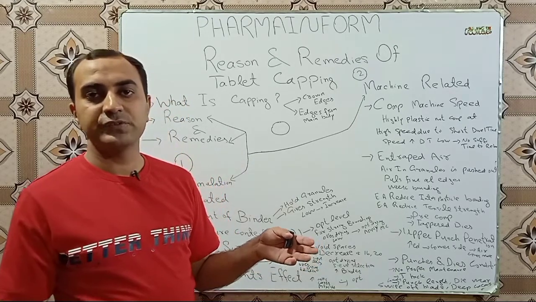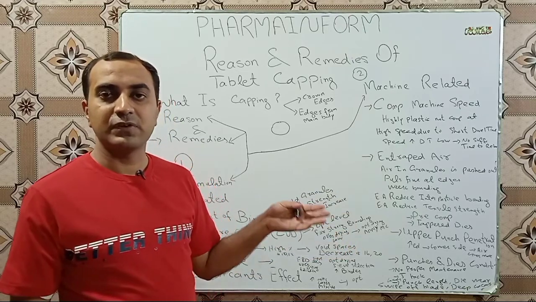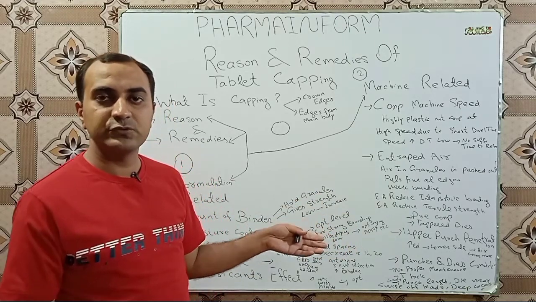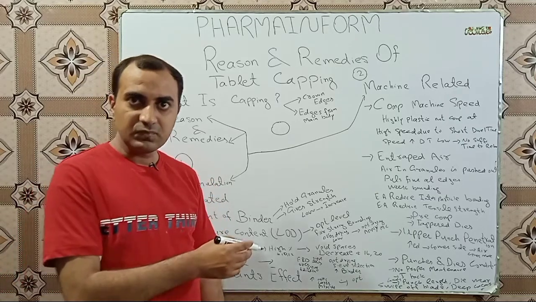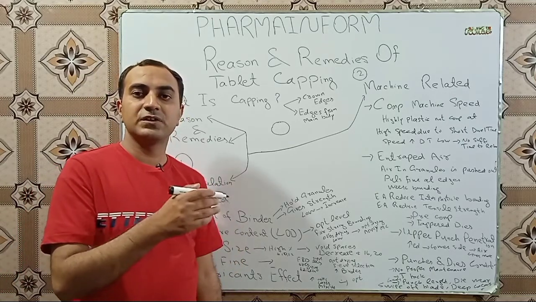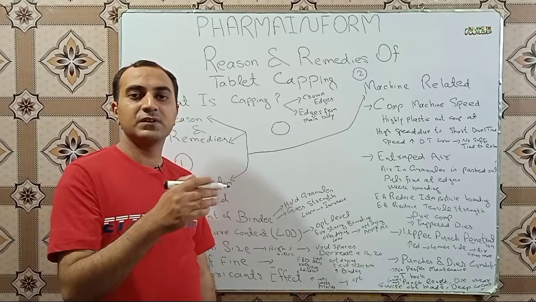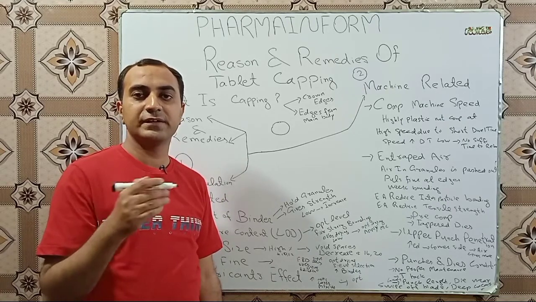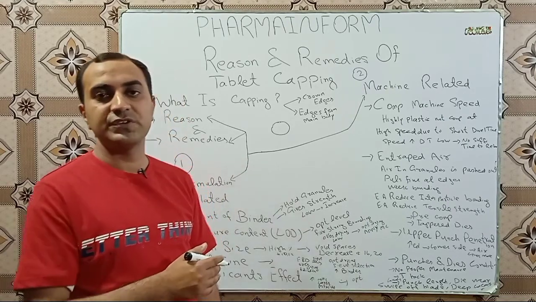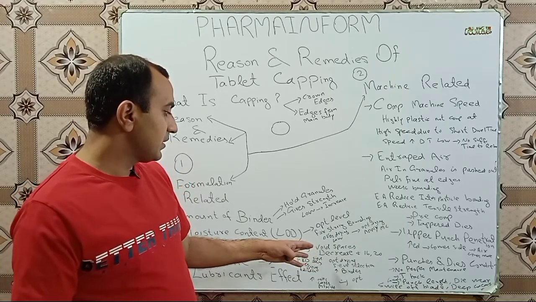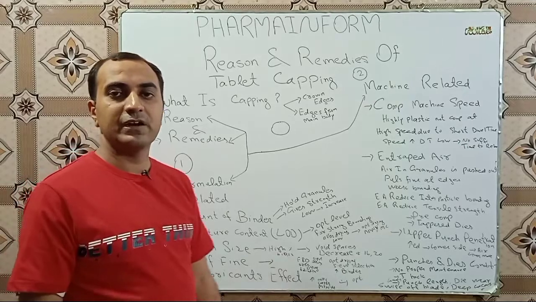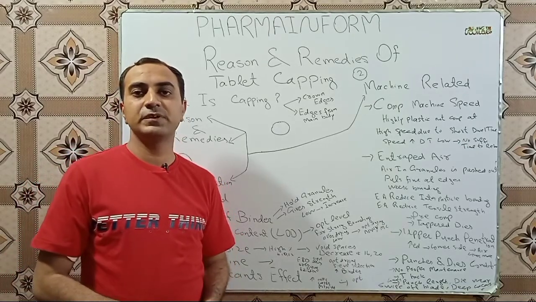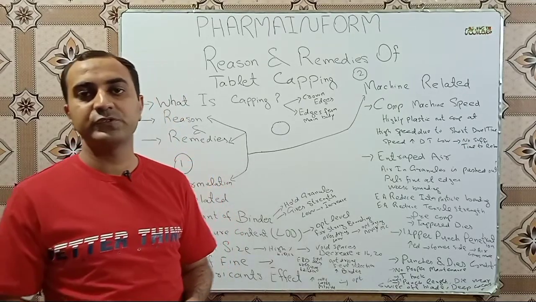Large size granules are also produced if we dry our granules using tray dryers, or when we use large mesh, large size or large hole sieves like mesh number 10 or mesh number 12. So how to prevent tablet capping if our granule size is large? Simple solution is to reduce the granule size.